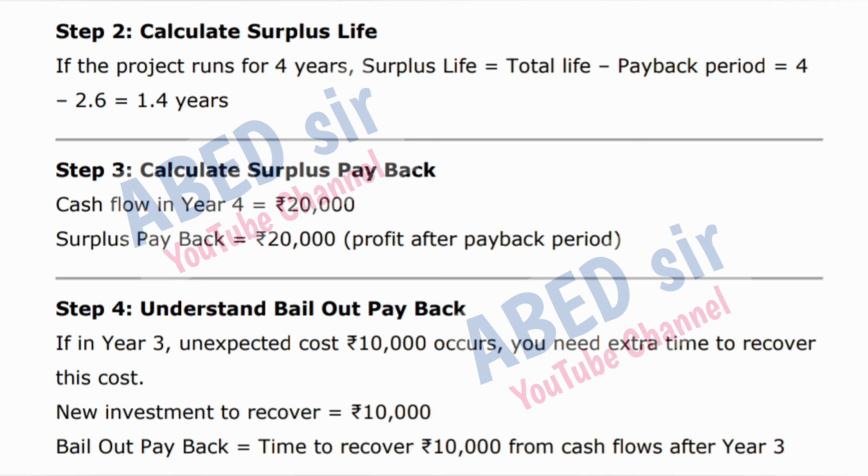Step 2. Calculate surplus life. If the project runs for 4 years, surplus life is equal to total life minus payback period, which is 4 minus 2.6, equal to 1.4 years.